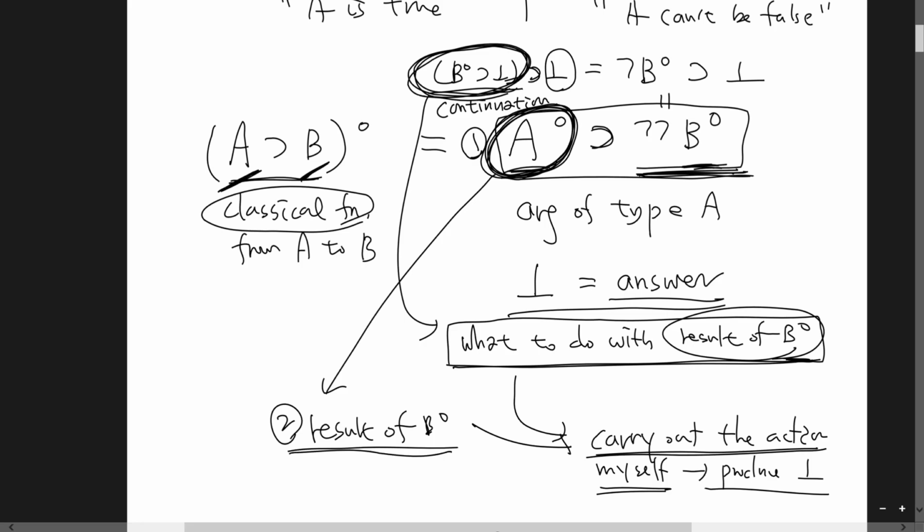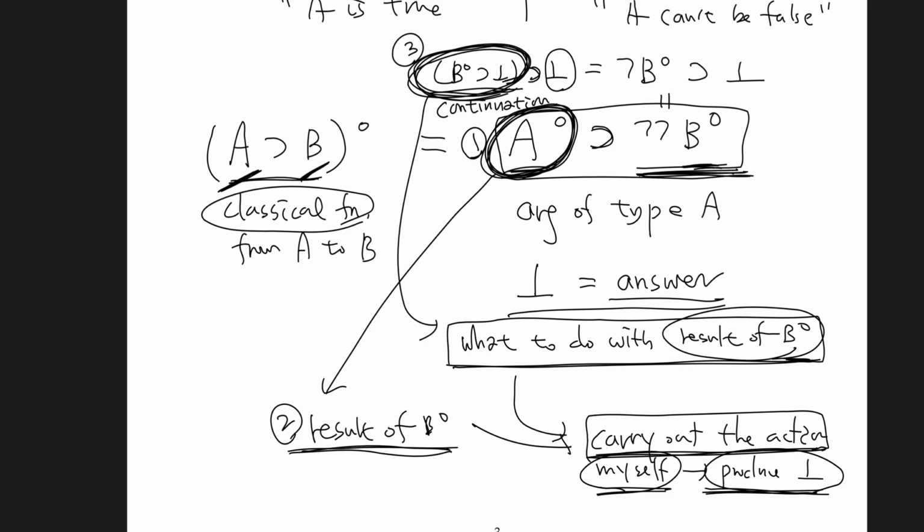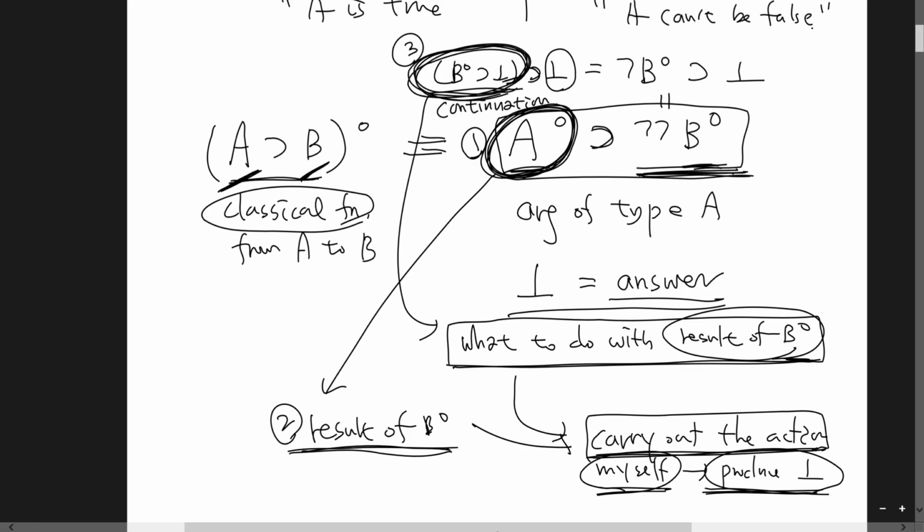But you have told me the action to be taken with the result. So I take my action. I carry out the action myself, and then return the answer. So that's the intuition, the informal idea behind this translation.